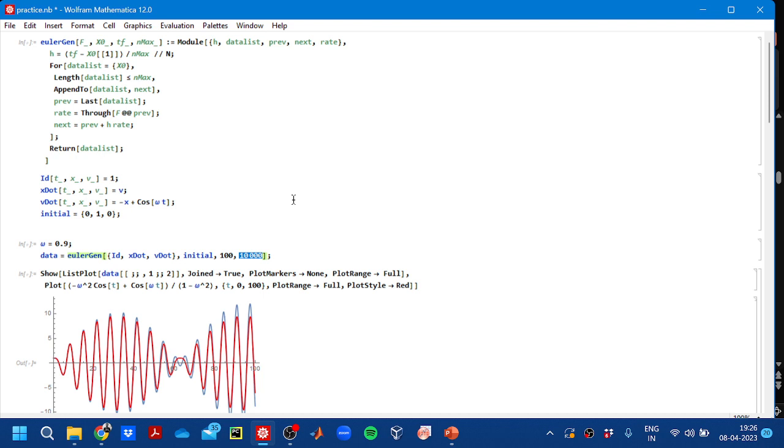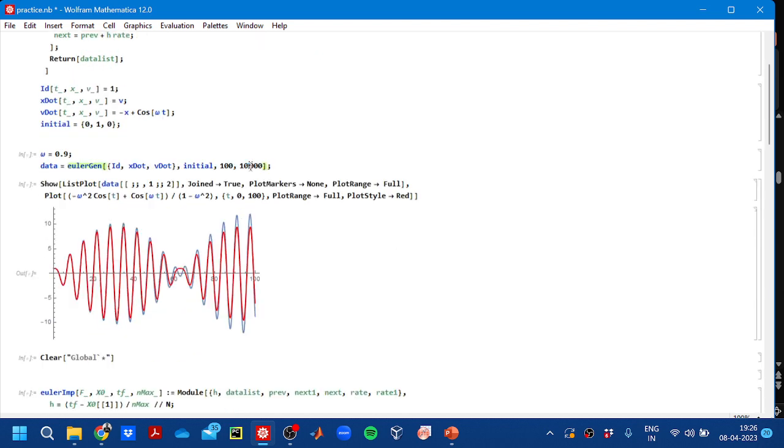Now since the error for the Euler method is high compared to RK2 or RK4, its local error is of the order of h squared. That is why we need a large number of points to get a solution which will look like our original solution.